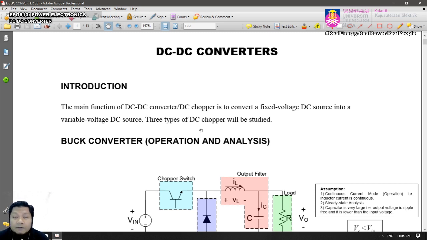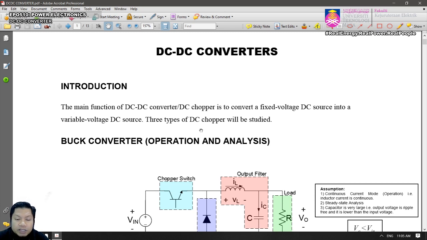Nowadays we have electric cars, for example. The input can be a series of batteries, and the output can feed the audio system or the DC motor of the car. So you need a proper DC-DC converter.